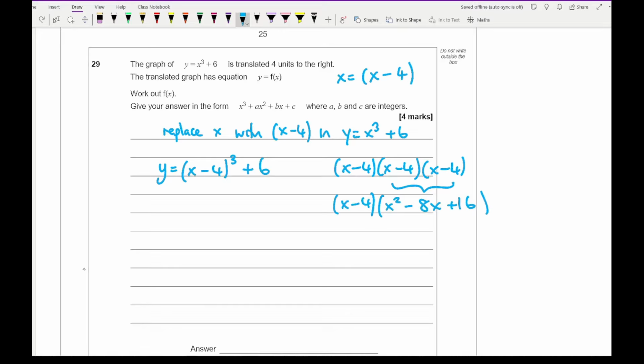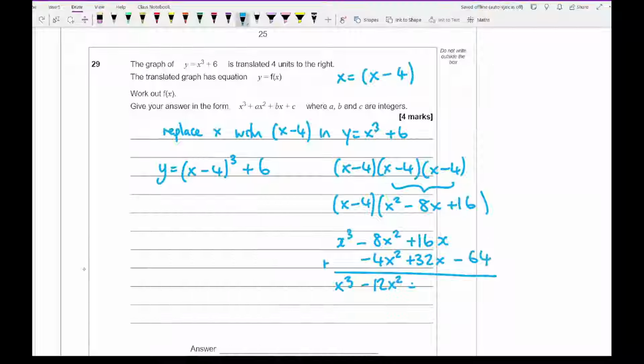Then if I expand this out, I get x cubed minus 8x squared plus 16x, then minus 4x squared plus 32x minus 64, and then collecting all that up, I get x cubed minus 12x squared plus 48x minus 64.